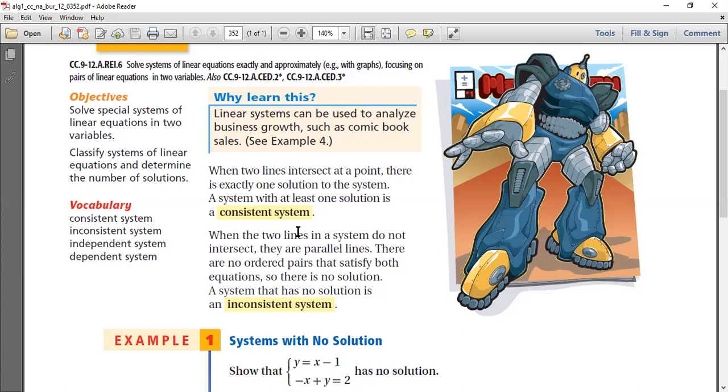So when the system is given to have 2 parallel lines, that means that system will not have any solution. So a system that has no solution is an inconsistent system. The system which has at least one solution is called a consistent system, and the one which does not have any solution is called an inconsistent system.